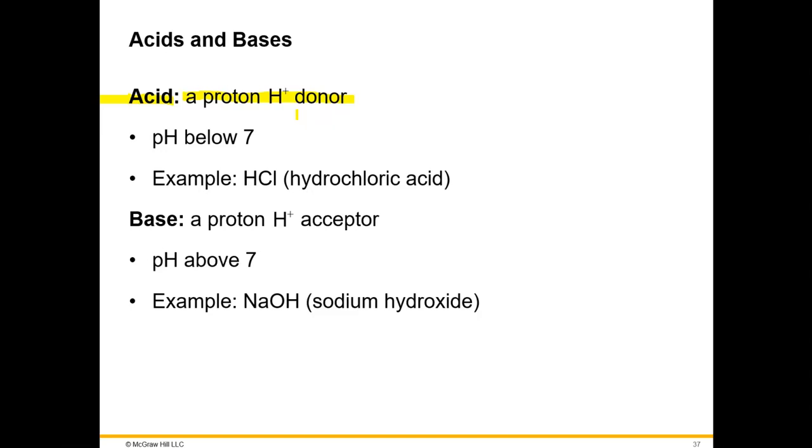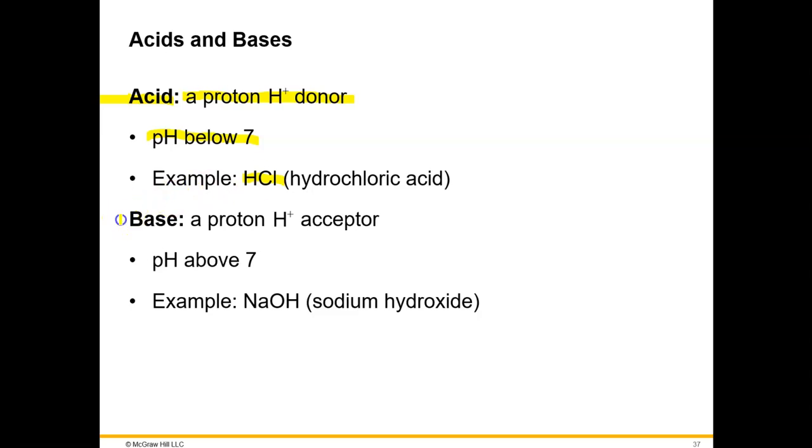So any chemical that donates a proton or a hydrogen ion, H+, to a solution is an acid. Acids have a pH below 7. 7 would be a neutral pH. An example of a strong acid is HCl, or hydrochloric acid.